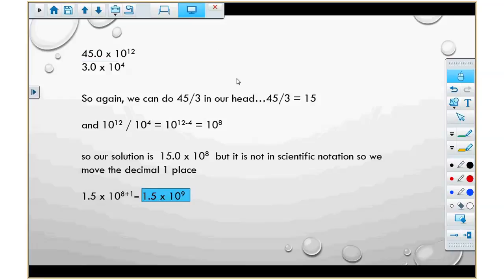So your answer is 15 times 10 to the 8. And that's okay if you're not told to write it in scientific notation. That's just called regular notation. It's not a big deal. We're going to have to move it one place, and then which way do you move this in your head to get it back the way it was? To the right, so that's a positive, so it's to the 9th.